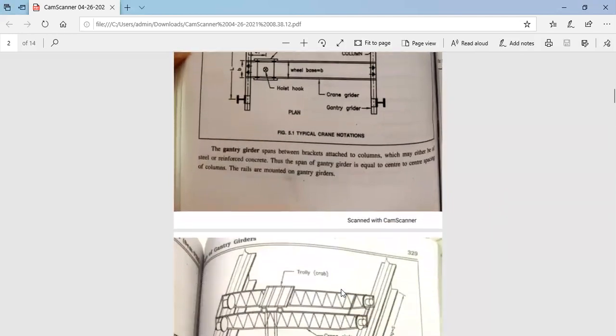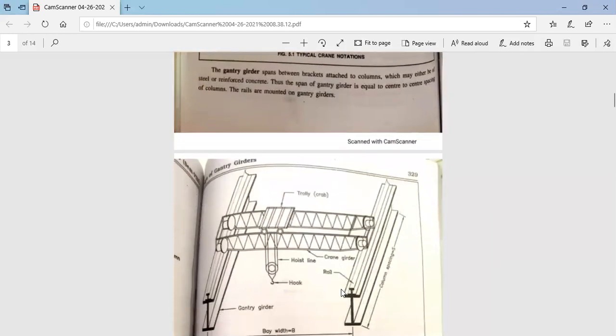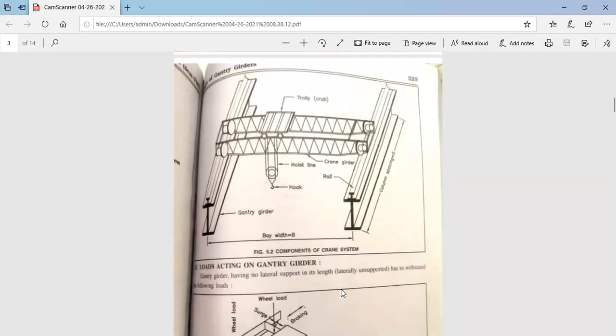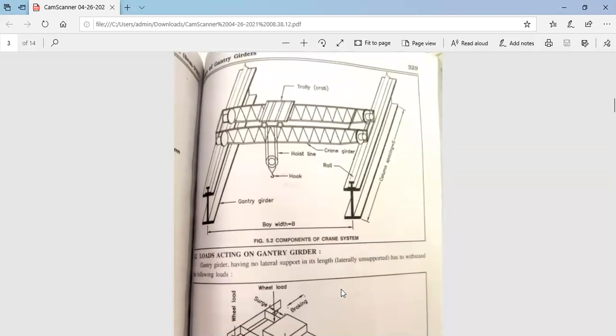The gantry girder spans between brackets attached to the columns, which may be either steel or reinforced concrete. The span of the gantry girder is equal to the center to center spacing between the columns. Rails are mounted on the gantry girders. Here you can see the components of the crane system in this figure.